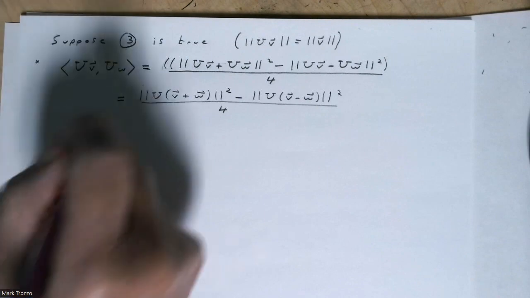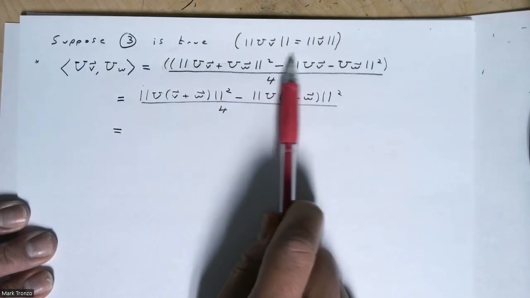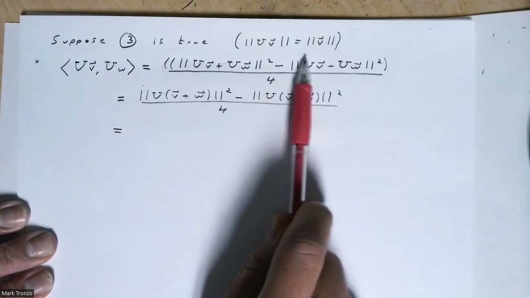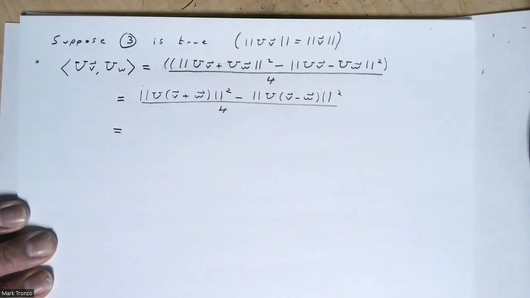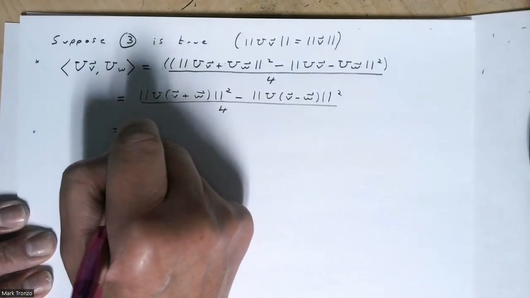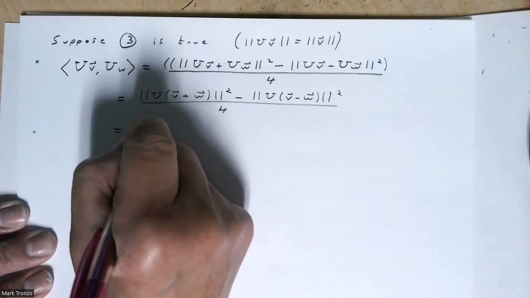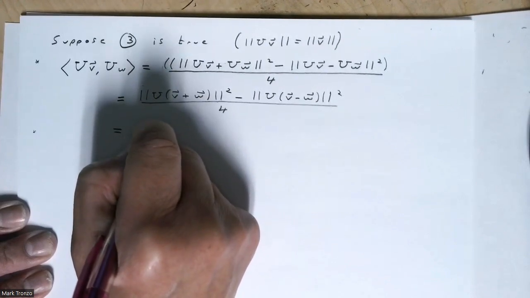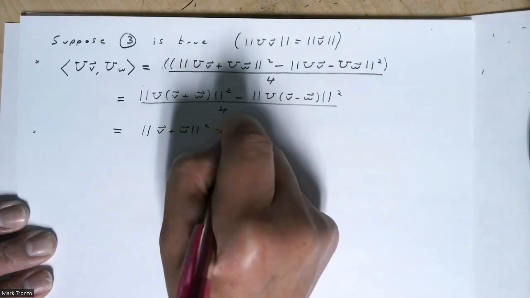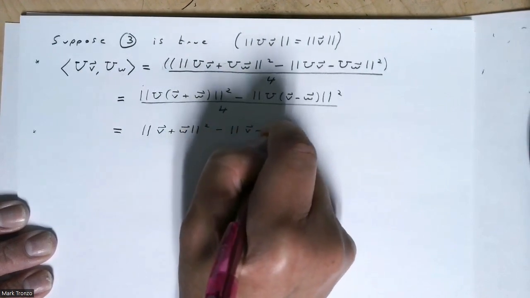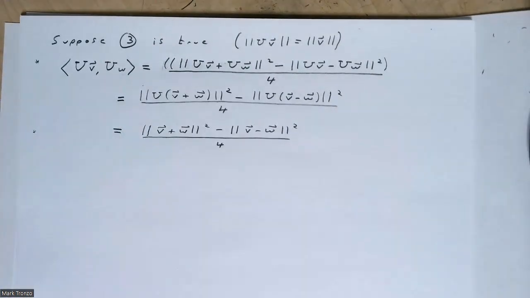And then now, since we're assuming that 3 is true, we're assuming that U preserves norms, we can say that this is equal to this right here.